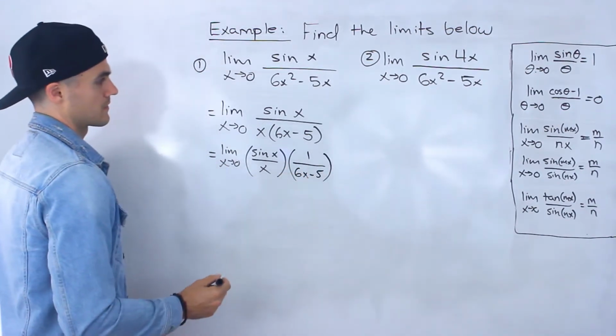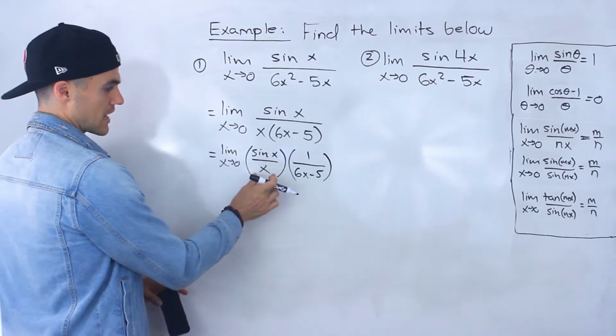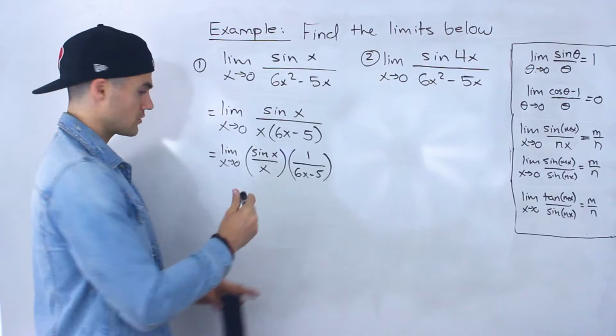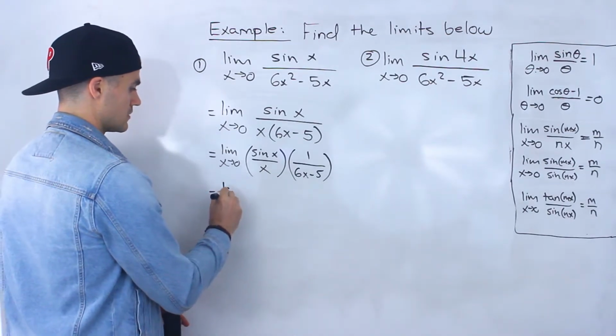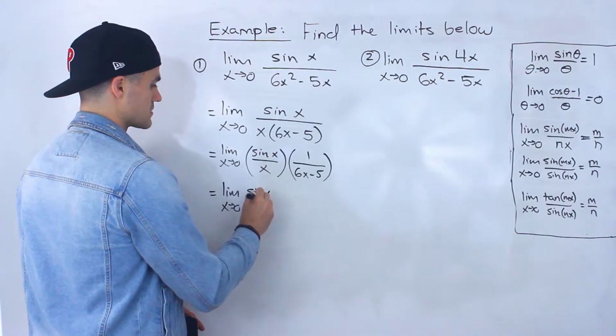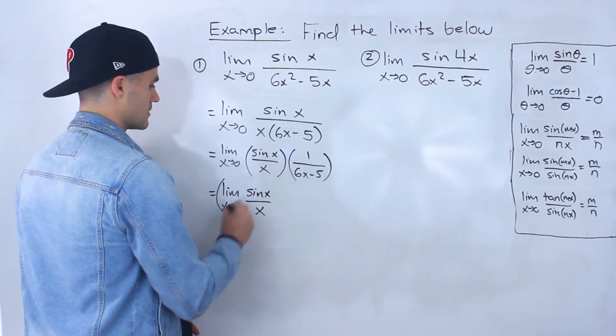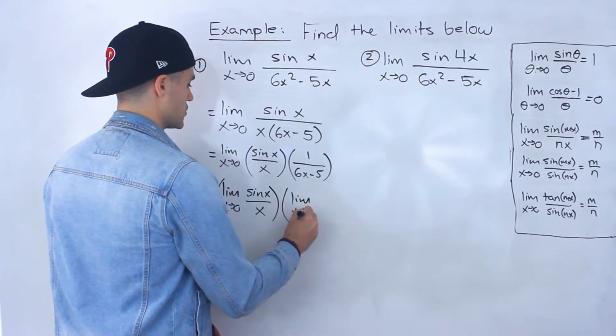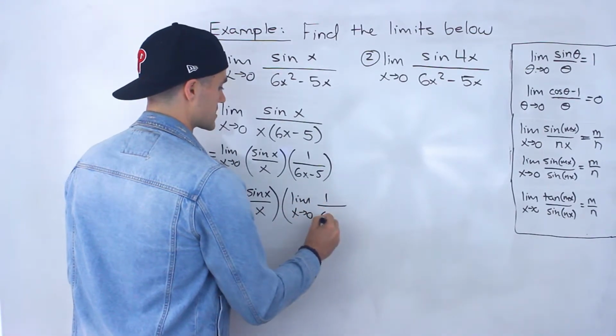Notice how we're taking the limit of two functions that are multiplying each other. Using limit laws, we can say the limit as x approaches 0 of sine x over x, times the limit as x approaches 0 of 1 over 6x minus 5.